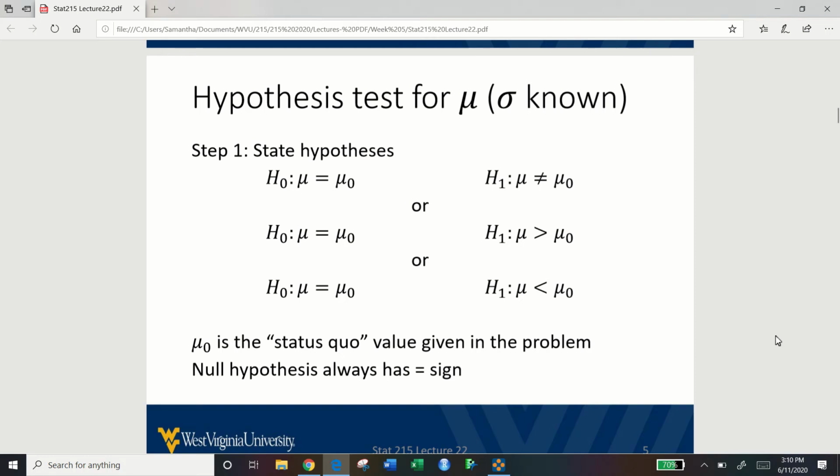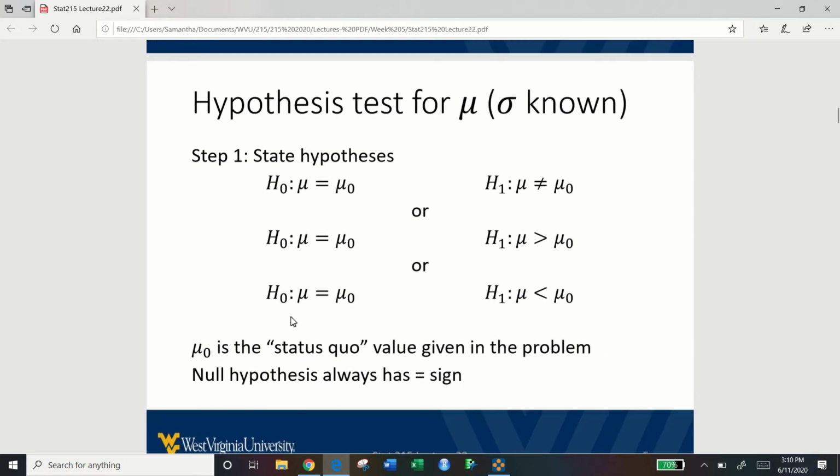Let's begin with step 1, stating our hypothesis. In this case, we'll assume that sigma, our population standard deviation, is known. Notice that regardless of the alternative hypothesis, the null hypothesis stays the same. That is, H naught: mu equals some hypothesized value.